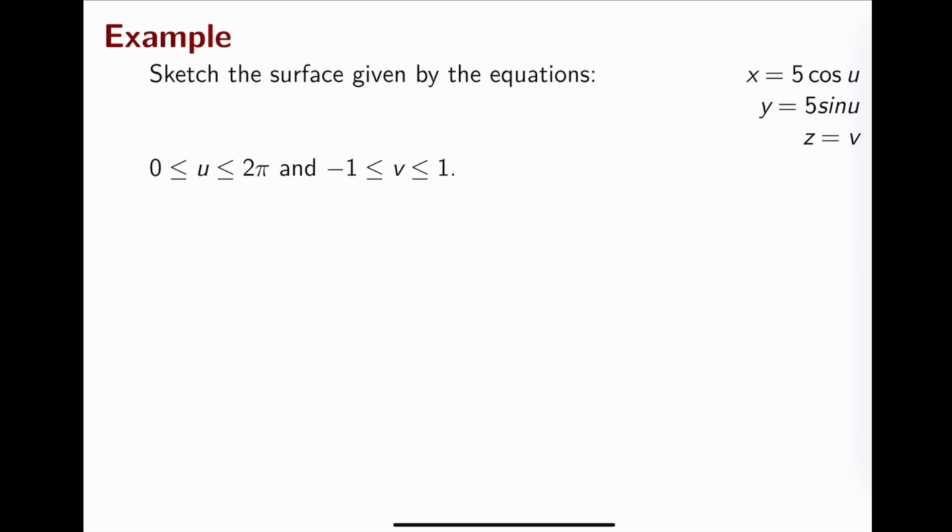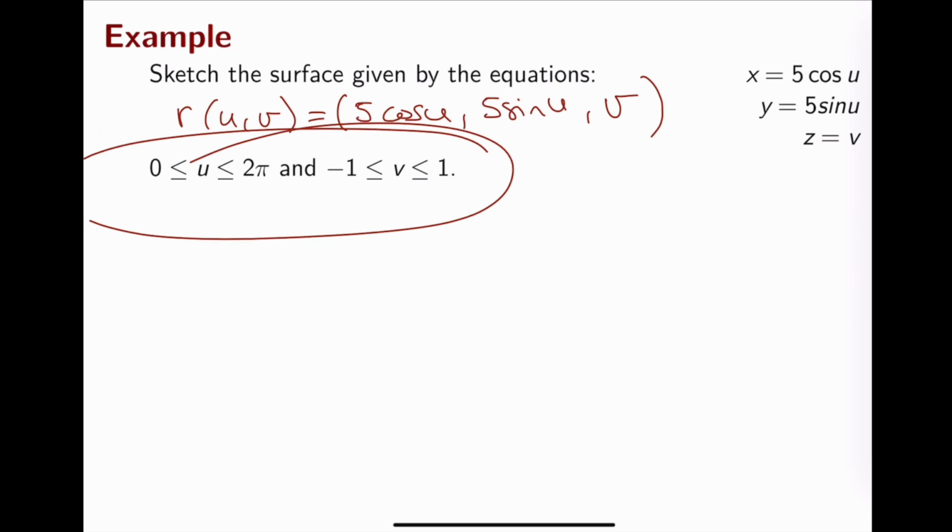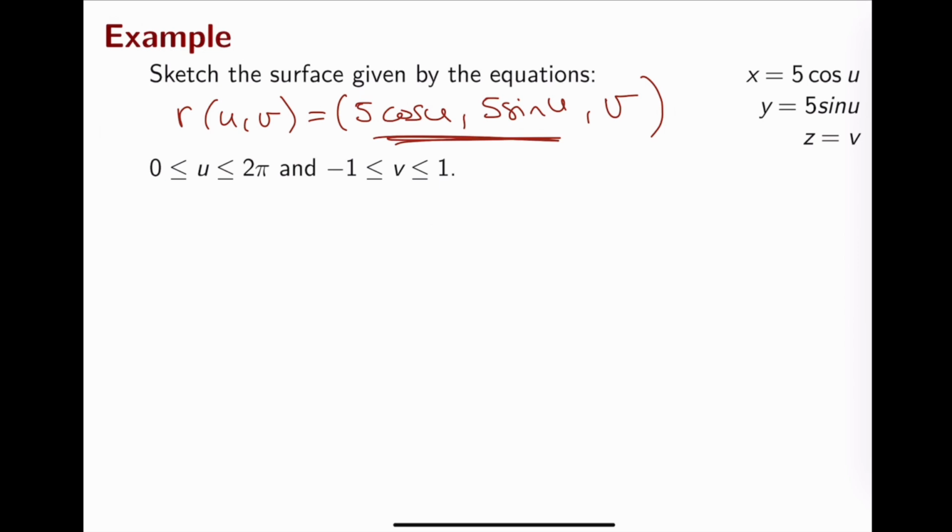Let's sketch the surface given by these parametric equations. This is an alternative way to say r(u,v) is equal to this, and this is the description of the domain D. In order to draw a sketch of this surface, observe that the description here corresponds to a circle of radius 5.